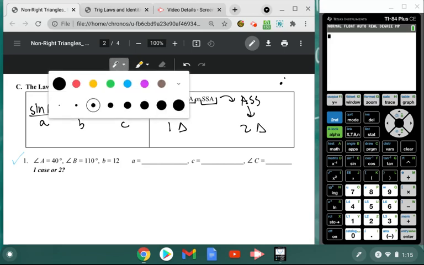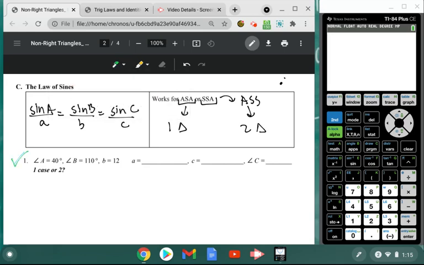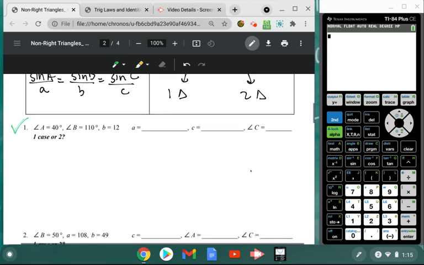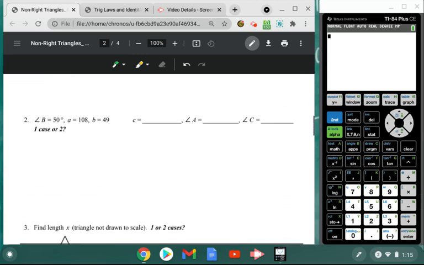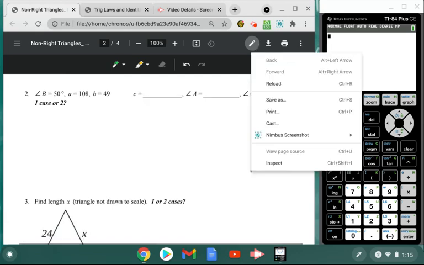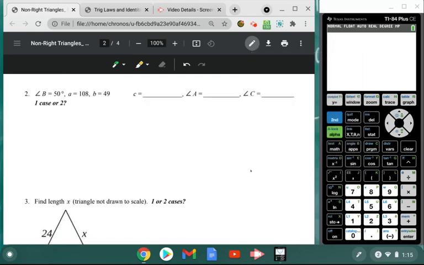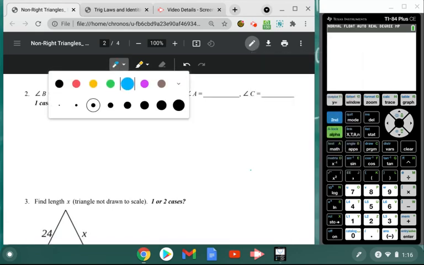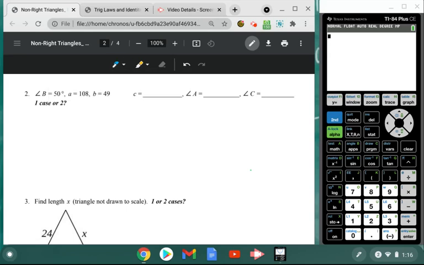Like I said, we're already done with number one, finished from the previous video. Let's get into number two. I'm going to start by doing my best to draw the triangle so we can visualize it in part. Angle B is 50 degrees.